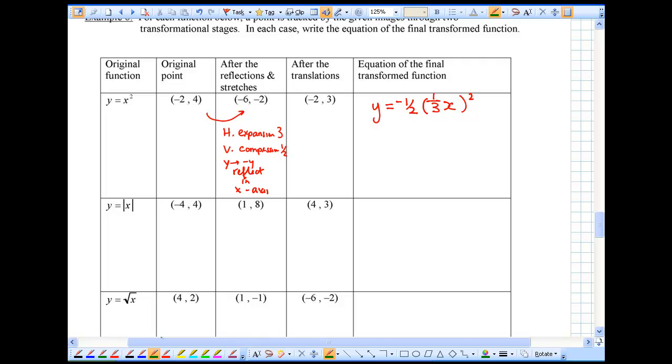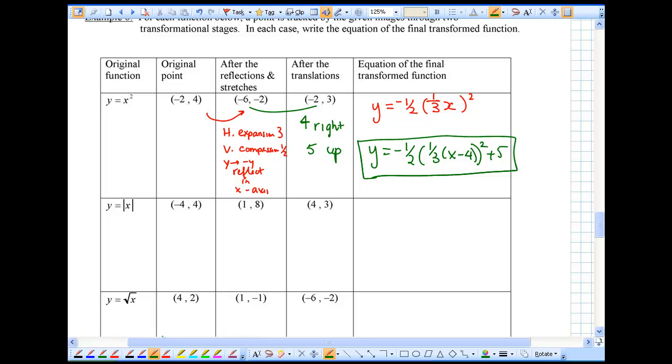After the translation, look what happened here. It went 4 to the right. And then I think 5 down because, oh, sorry, not 5 down, 5 up. And so that changes my equation to look like this now. Ta-da!